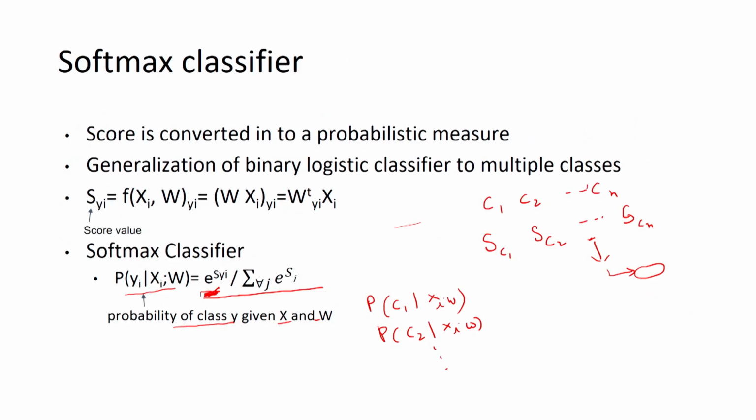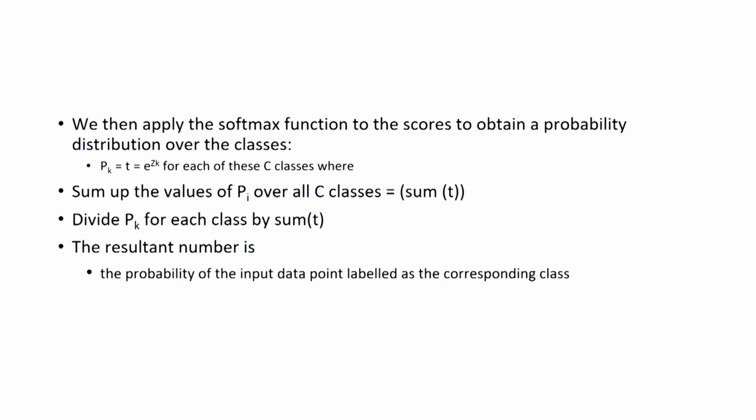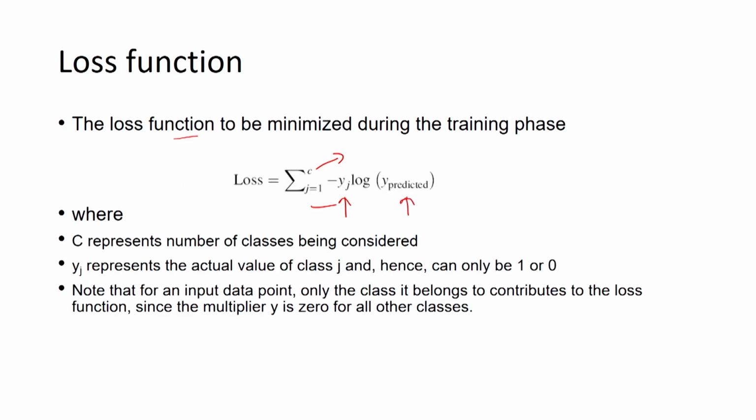Here we have calculated the probability of belonging to class 1, class 2, class 3. All these probabilities we get from the softmax classifier or softmax function. Then we put these probabilities here for each and every instance: the probability of belonging to class 1, class 2, and so on, and the actual class probability of that instance.